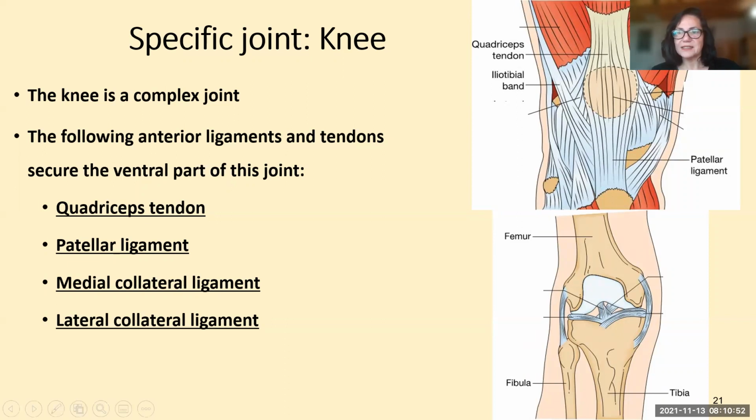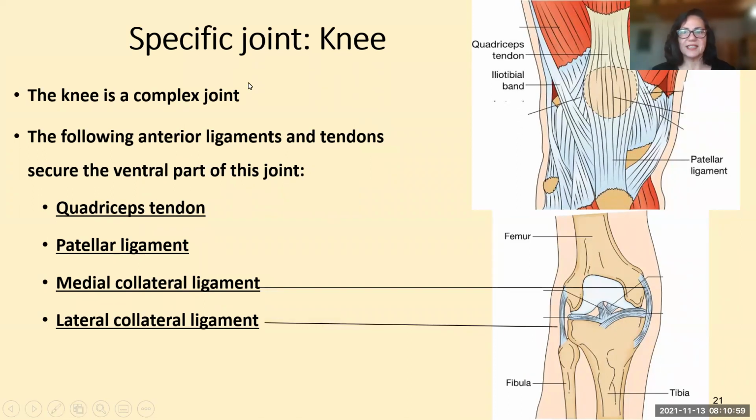I realize now that the little screen of my head may be covering part of this diagram, so sorry for that. Let's just talk a little bit about the structures that reinforce the knee. There's a four-headed muscle called the quadriceps here in the upper thigh.